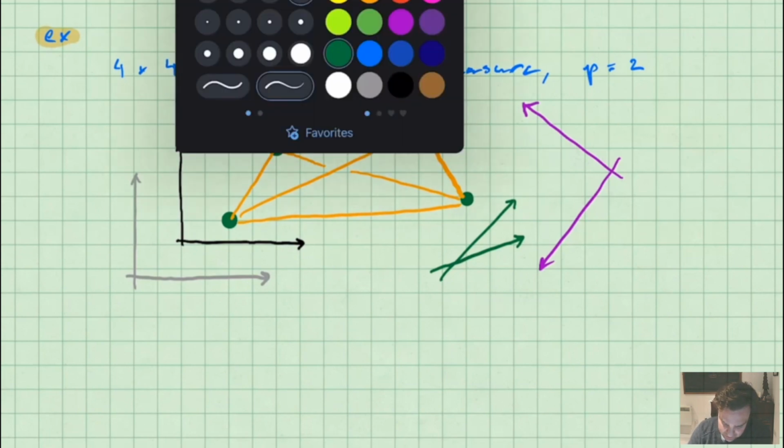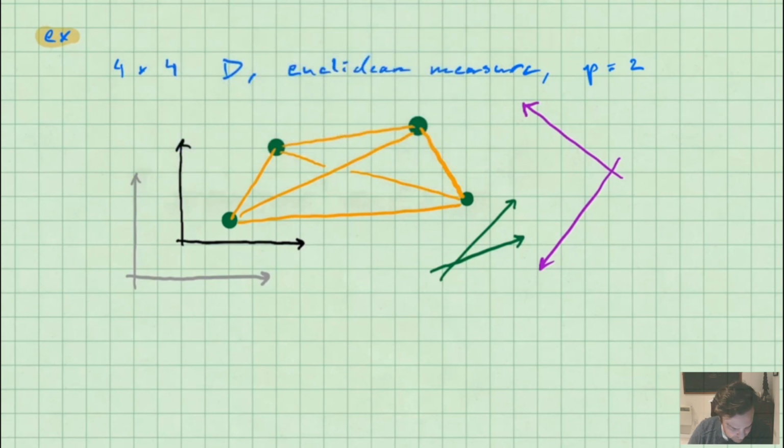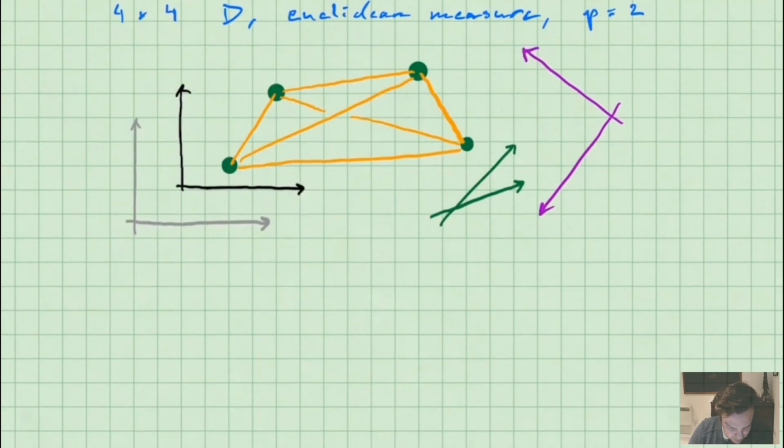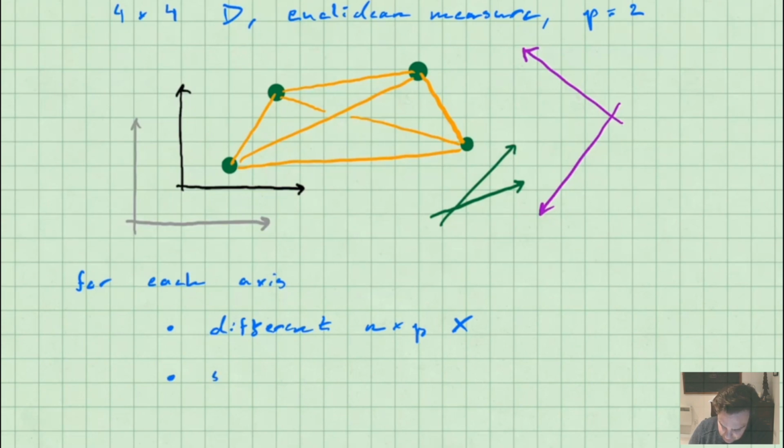And I think if you think about this, you should be able to see. So look, for all 4, for each axis, you get a different n by p data matrix. But you get the same distance matrix because of the way the geometry works, right?